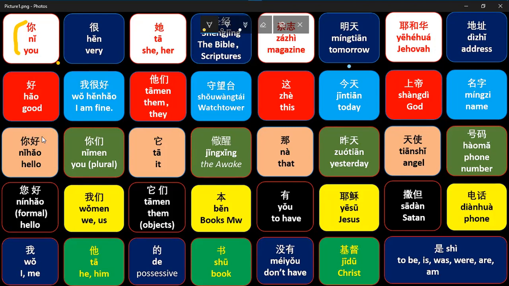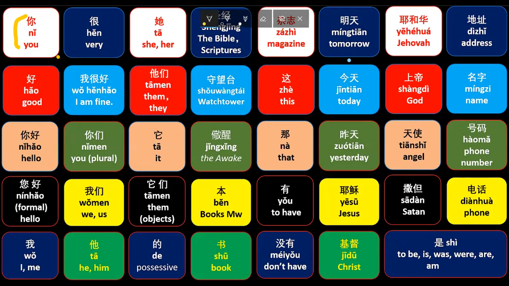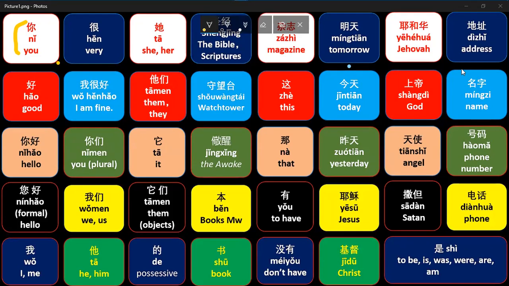Ni hao. The hao is still longer, but the ni is slightly shorter. Ni hao. Very good. So that's how are you, okay? Or hello. And so if you say hello, you can also say hello. It's good to say hello. That's the greeting, you can do that.